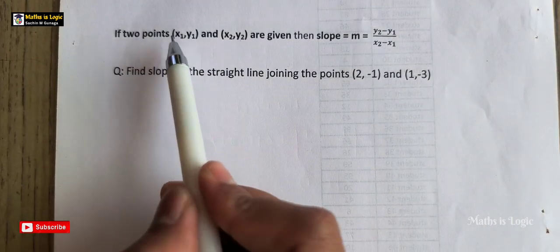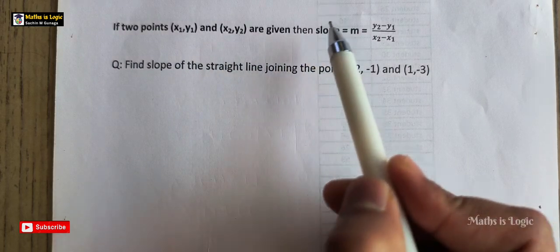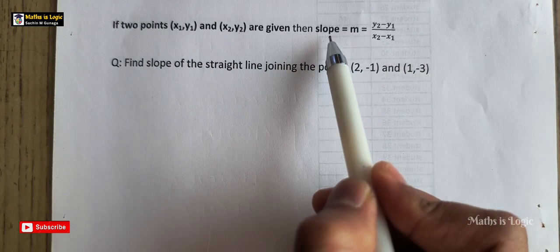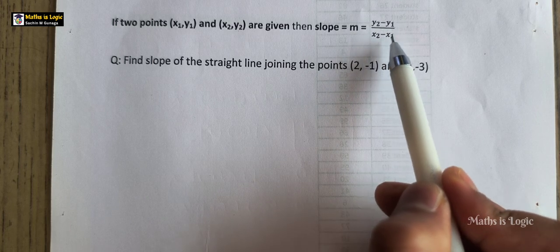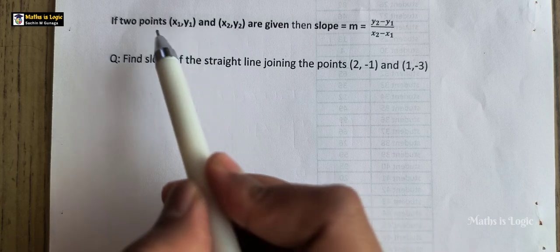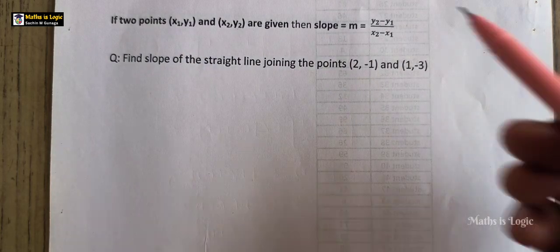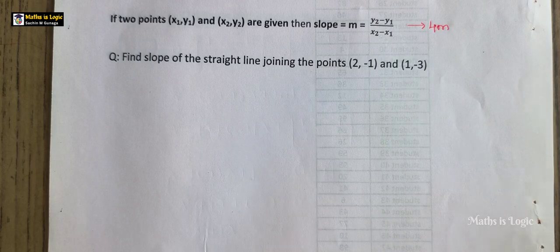Next, if 2 points x1 y1 and x2 y2 are given, again we need to find out the slope. So that time the formula becomes y2 minus y1 divided by x2 minus x1. So this is also again a short question for how many marks here? 4 marks.